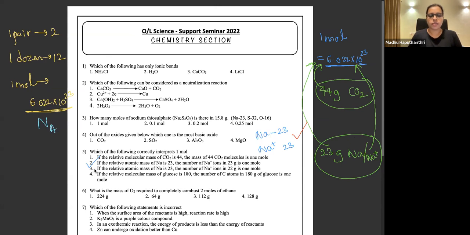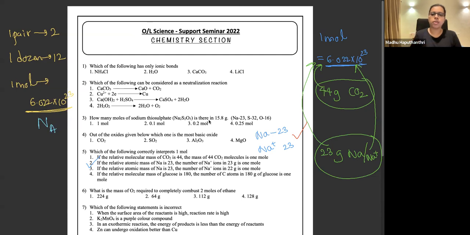Third one, if the relative atomic mass of sodium is 23, number of sodium plus ions in 22 gram is 1 mole. So don't get misled because of the statement I'm telling here. Always be mindful. True that when you are coming from sodium to sodium plus, we lose one electron, right?